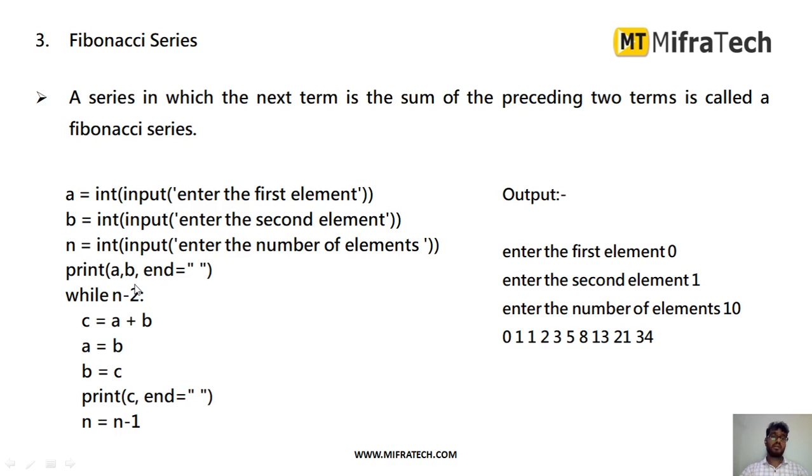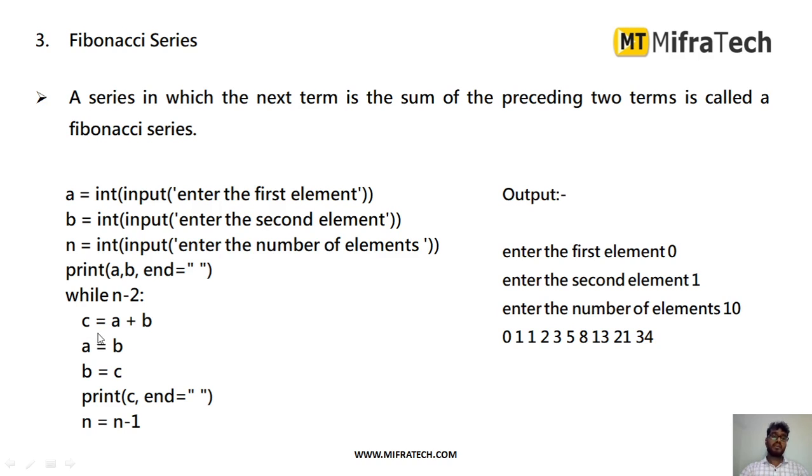After that I am printing the first two elements, a comma b, ending with a space. After printing the first two elements, I am checking the number of elements minus 2. In this example, as you can see in the output, I have taken the number of elements as 10, so 10 minus 2 is 8.